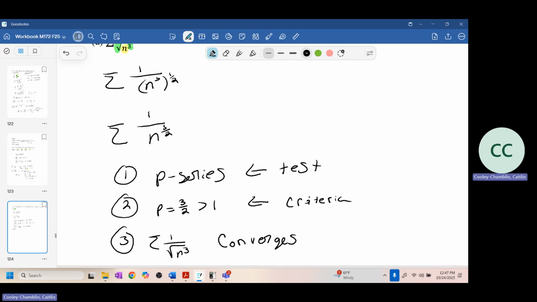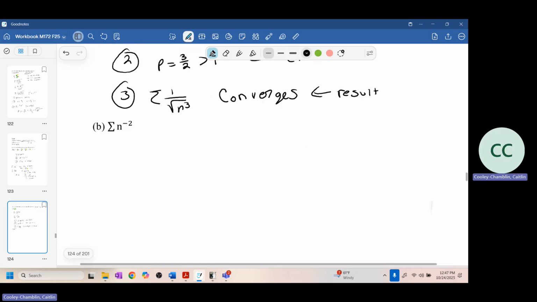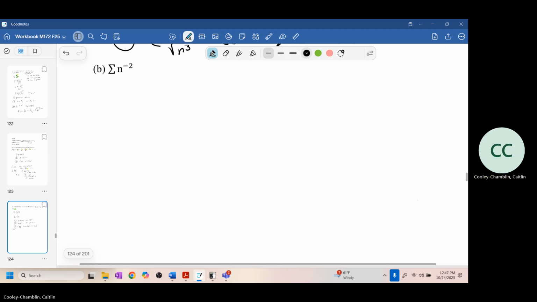That is spelled wrong and I apologize. So what is the criteria that we are using? And what is our result? Okay, so we have 3 things: test, criteria, results. All right, so now let's look at the next one.